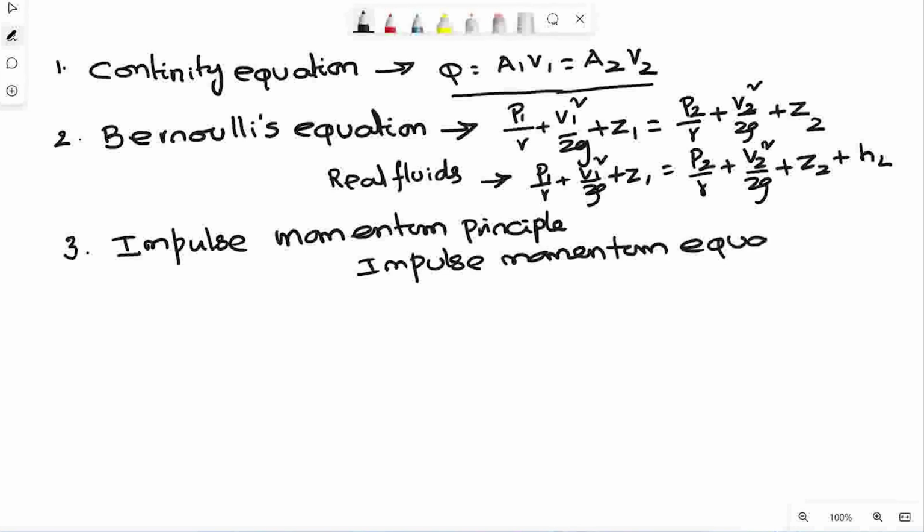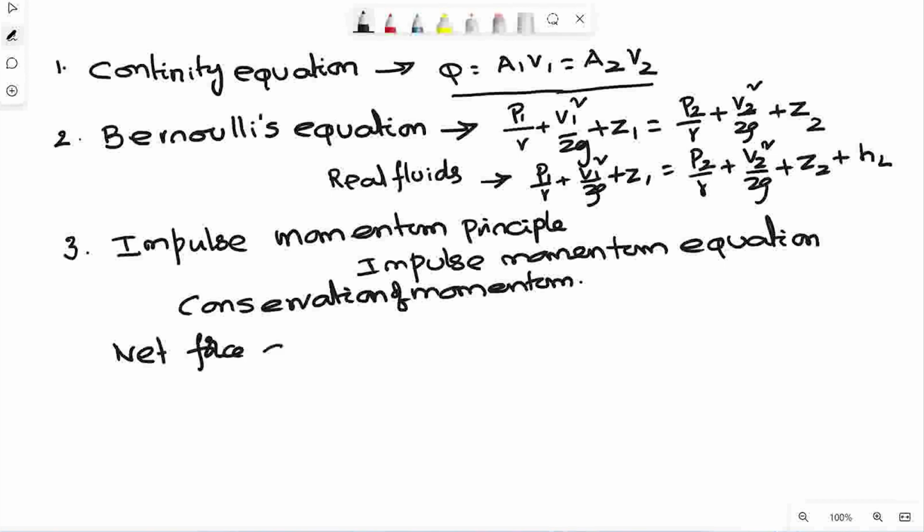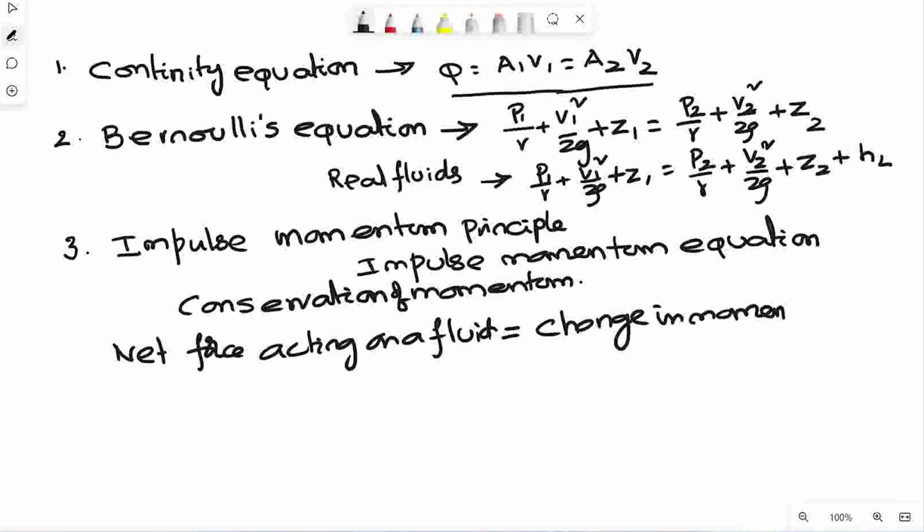The impulse momentum equation is basically based on the conservation of momentum. This is the basis for the impulse momentum principle. What does conservation of momentum state? That the net force acting on a fluid mass is equal to the change in momentum of flow per second.